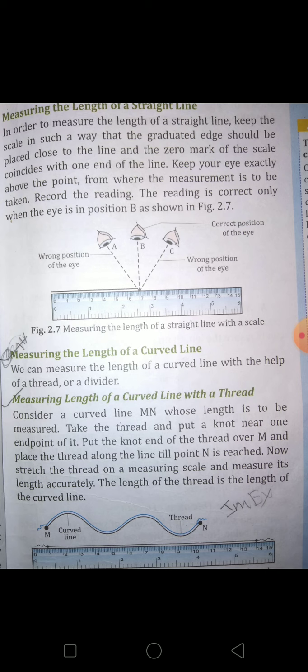Like you measure the length of a straight line, in the same way you measure the length of the thread also. Here you can see we are measuring the length of the thread by using the scale. Now you can identify the length of the curved line.